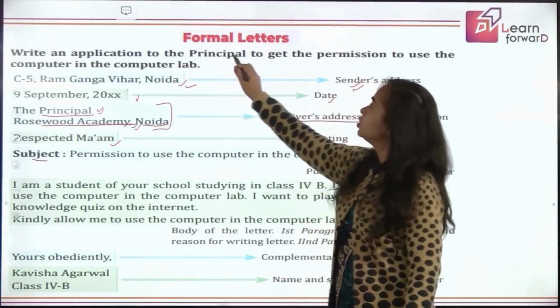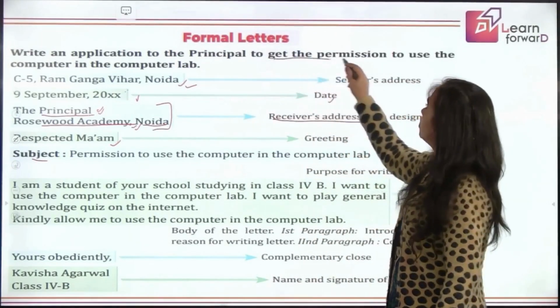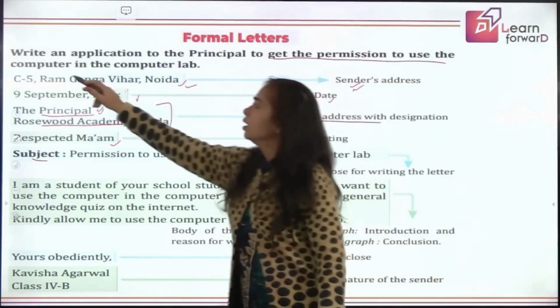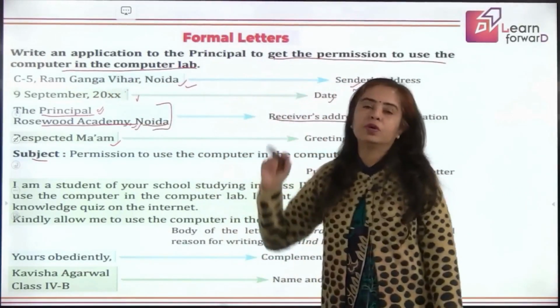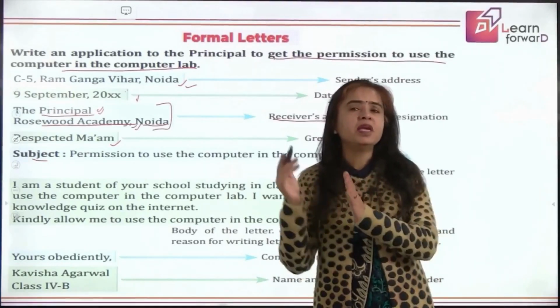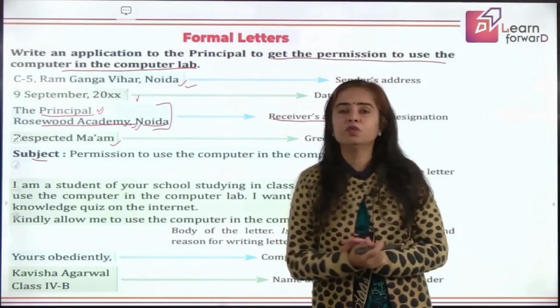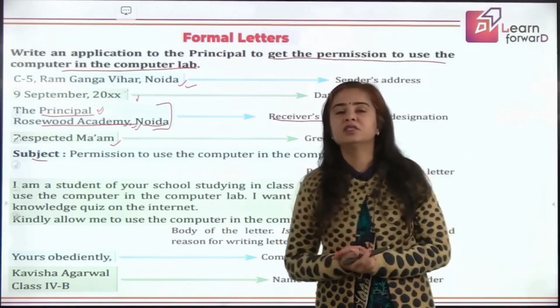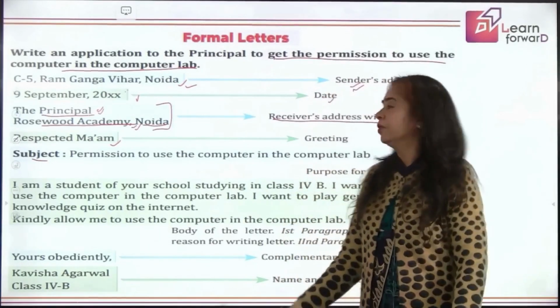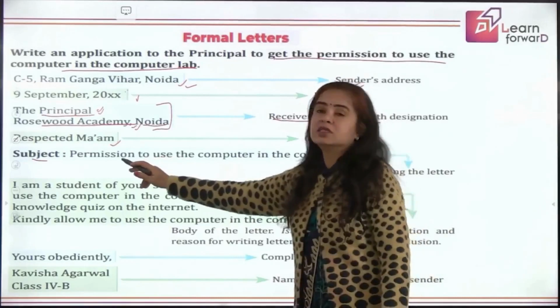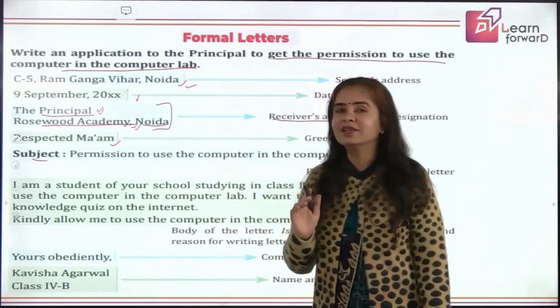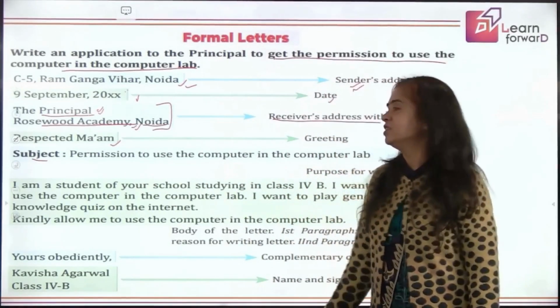Write an application to the principal to get the permission to use the computer in the computer lab. Might be it is restricted to some classes, might be for some reason you were not allowed. So you are just seeking permission from the principal. So this is the subject. That means the purpose of writing your letter.